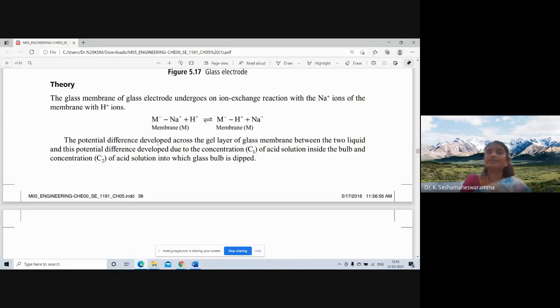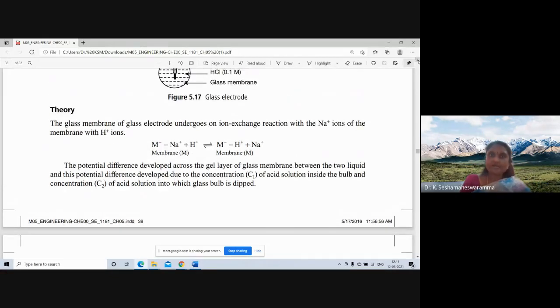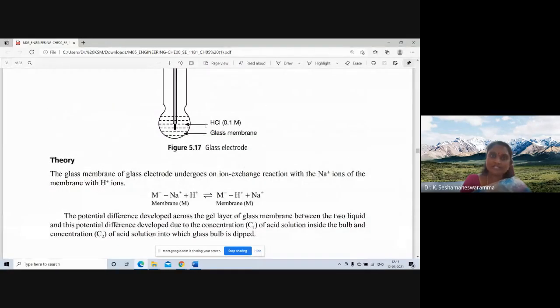The potential difference across the gel layer of the glass membrane between the two liquids is developed due to the concentration of the acid solution inside the bulb and the concentration of the acid solution into which the glass bulb is dipped. So here we took 0.1 M HCl, this is the reference electrode, this is the bulb, and we are dipping it here.